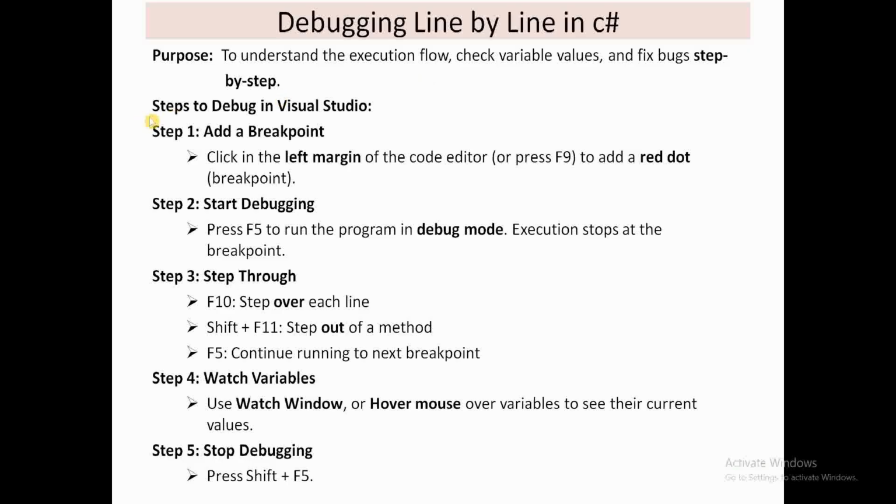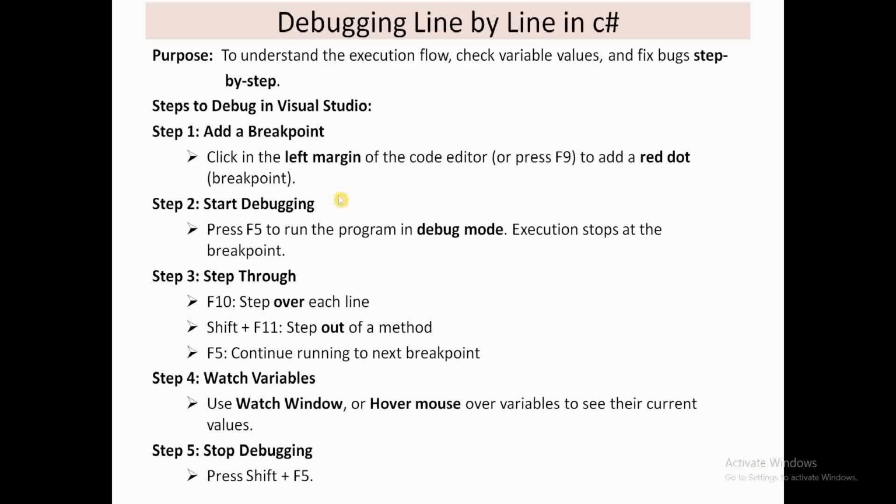Now let's see the steps in debugging. Step 1, add a breakpoint. Click in the left margin of the code editor or press F9 to add a red dot breakpoint. Put the cursor on that line of code and press F9, or directly click the left mouse button to place the breakpoint.